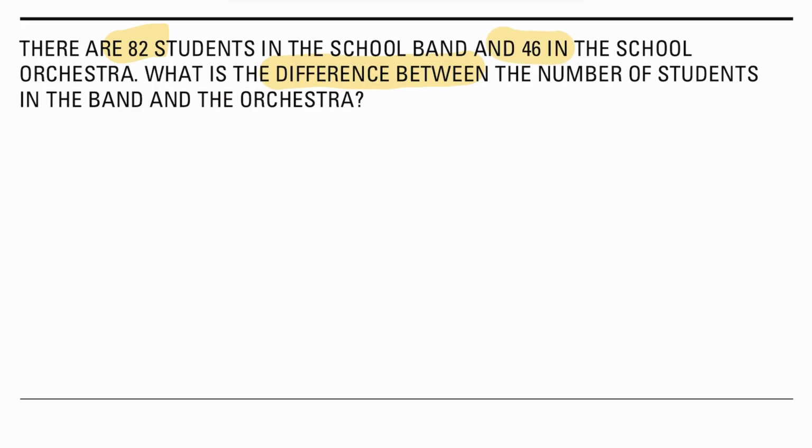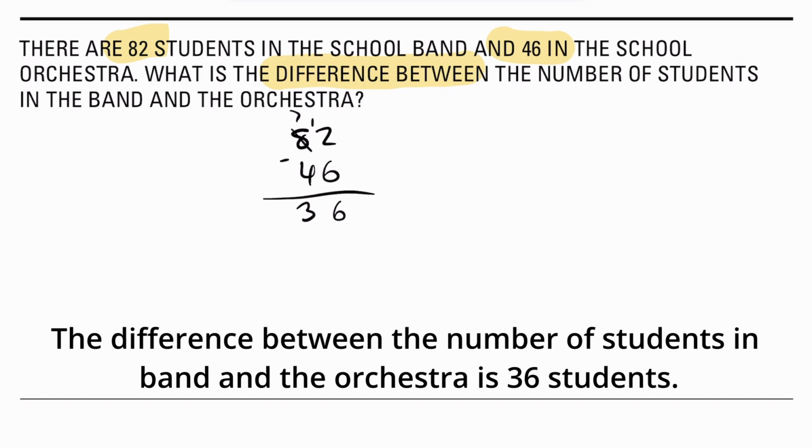So difference between indicates we're looking for a subtraction, and we're looking for the difference between 82 students and 46 students. And so 2 minus 6, we can't do that, so we borrow there. 12 minus 6 is 6, and 7 minus 4 is 3. And so you should say something like, the difference between the number of students in the band and the orchestra is there are 36 more students in the band.